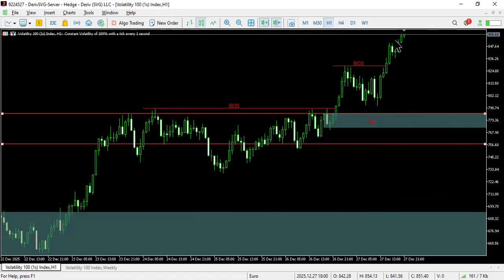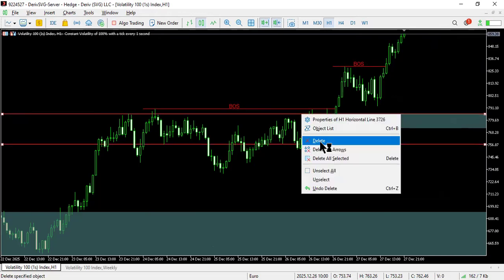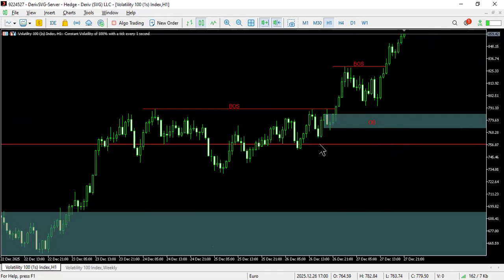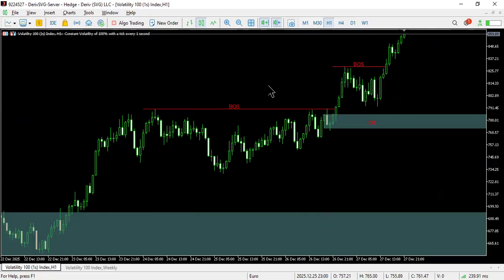Then for the take profit, we wait for price to form a high, a point of reversal, and then we put our TP. Those are the coordinates of the buy limit, and that's the setup I'm going to be observing on VIX 100 this week.